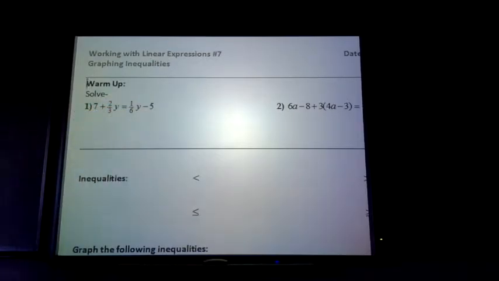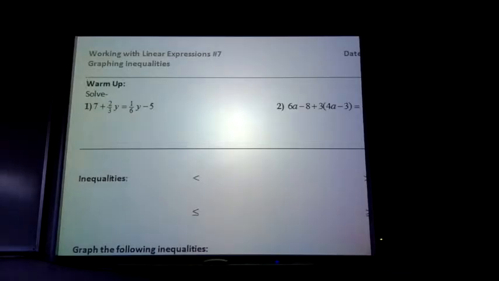Still with me? Okay. I do have 2 F words, fraction and fraction. One fraction has a denominator of 6. One fraction has a denominator of 3. What number do 3 and 6 both have in common? 6. What should I multiply times all 4 of those terms? 6 over 1.